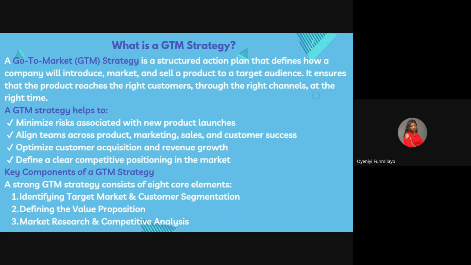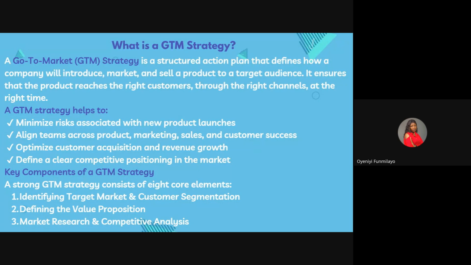And then a go-to-market strategy will also help you define a clear competitive positioning in the market. Because whatever product you are releasing right now, there's somebody doing something similar to what you are doing. So you will not just want to go and copy everything that they are doing.